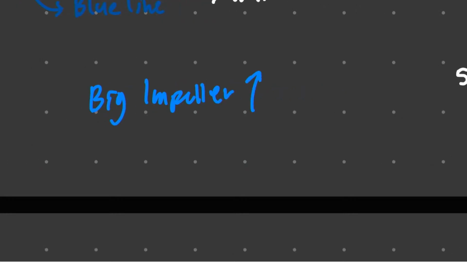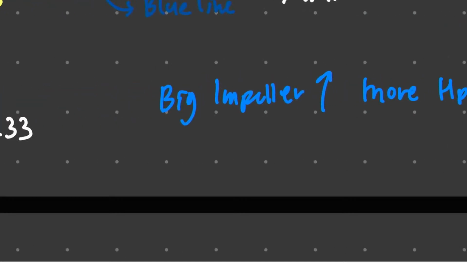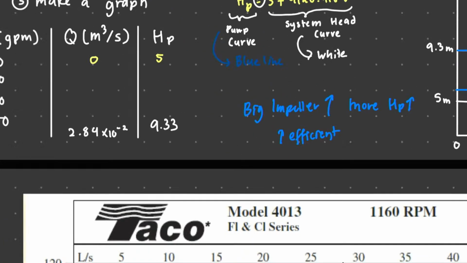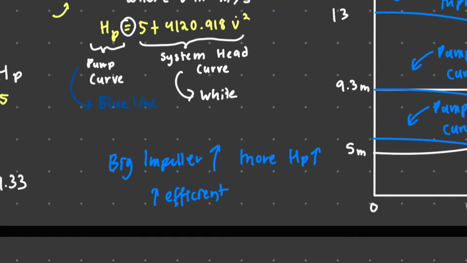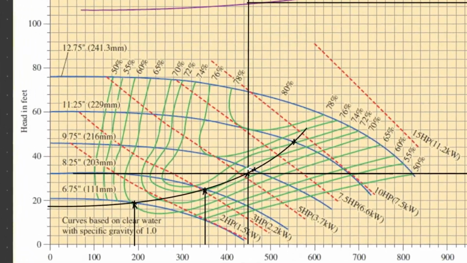The bigger the impeller, the more flow rate, the more head, more horsepower, and generally it is much more efficient lah. Generally bigger impeller is much more efficient if you refer here.